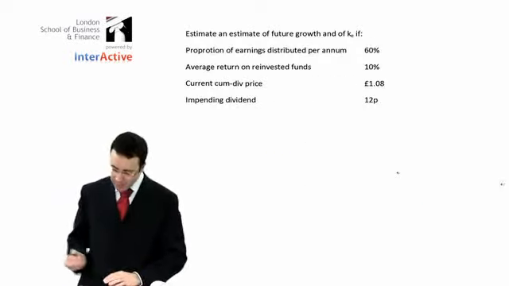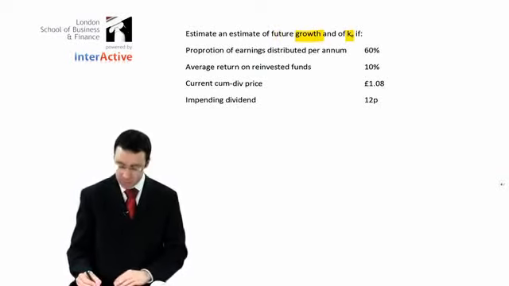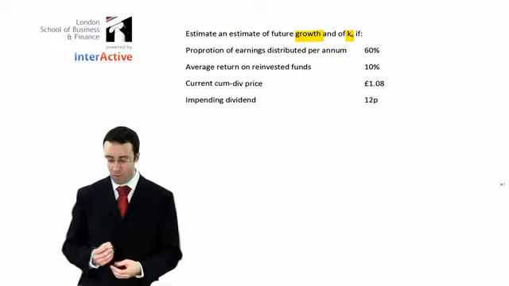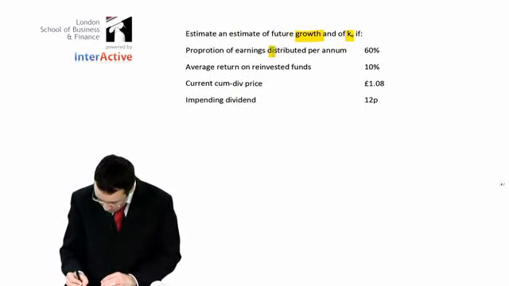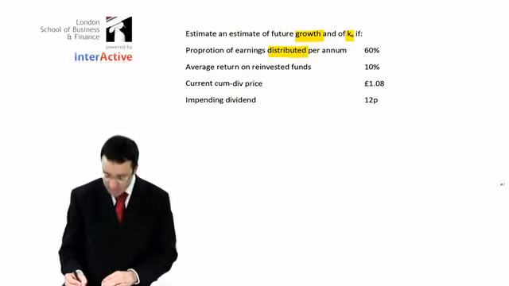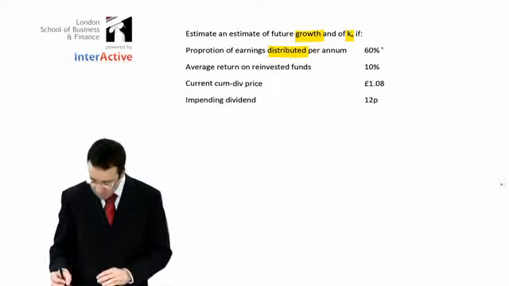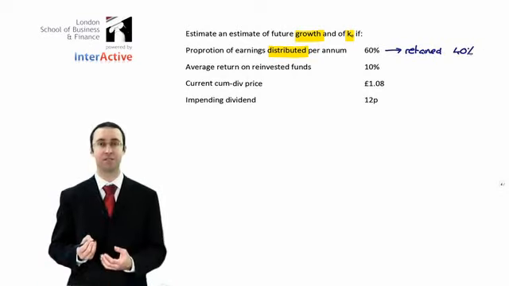So if we look at this example, what have we got? It wants us to estimate our growth rate, and also to calculate your cost of equity. So what have we got? We're told the proportion of earnings distributed is 60%. Now, if we've distributed 60% of our earnings, then we must have retained 40%.